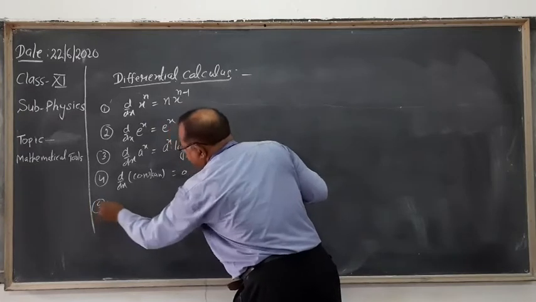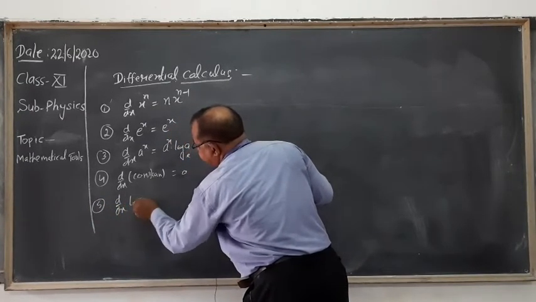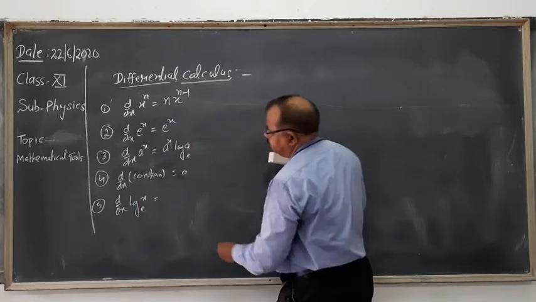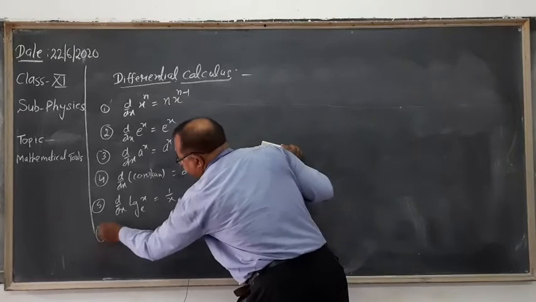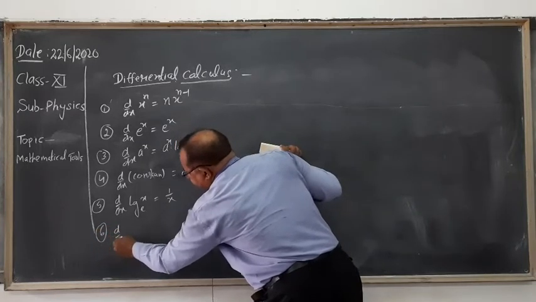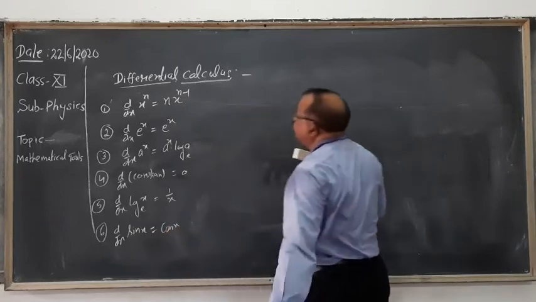Number 5, dy by dx of log x base e is 1 by x.